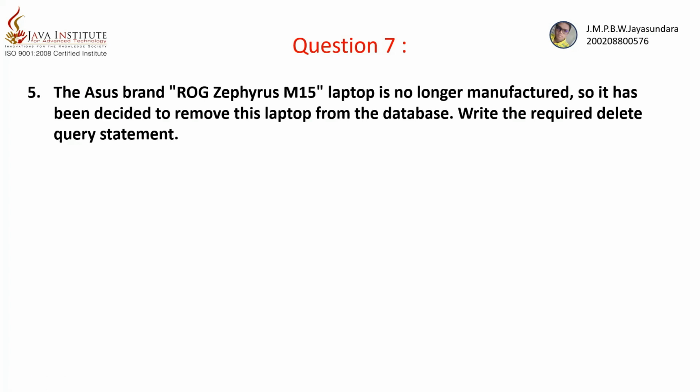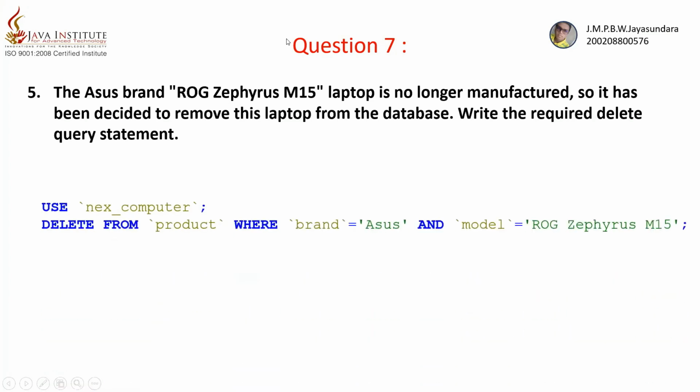In the fifth question, it says the Asus brand ROG Zephyrus M50 laptop is no longer manufactured. So it has been decided to remove this laptop from the database. Write the required delete query statement. First, we need to define what database we are using. Then we can run our delete query.